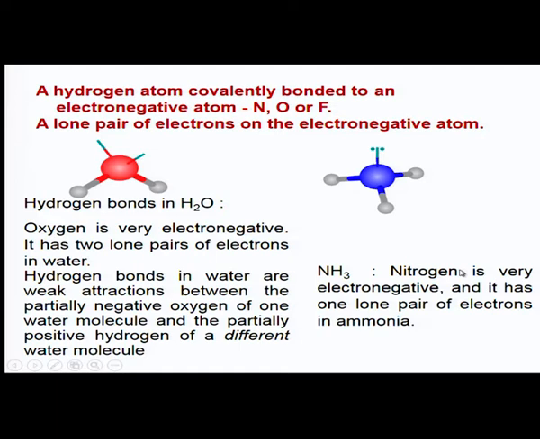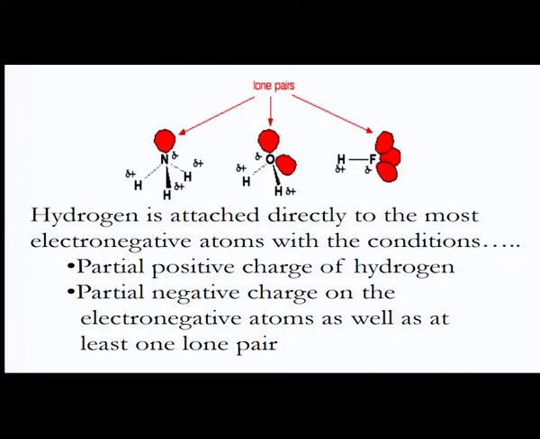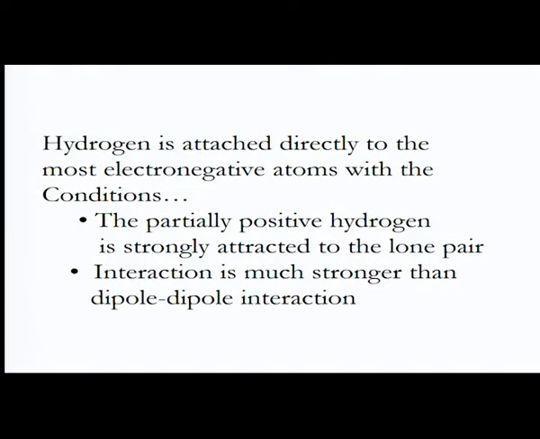If you consider ammonia, nitrogen is very electronegative and it has only one lone pair of electrons in ammonia. So, this shows the lone pairs where hydrogen is attached directly to the most electronegative atom with the conditions, namely there is a partial positive charge on hydrogen, there is a partial negative charge on the electronegative atom, as well as at least one lone pair.